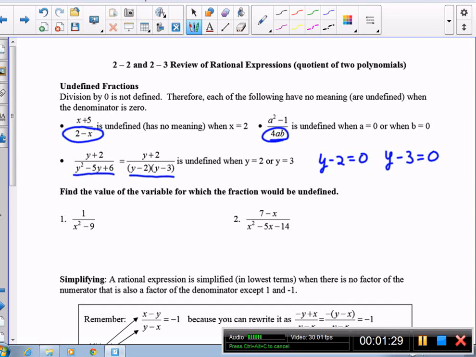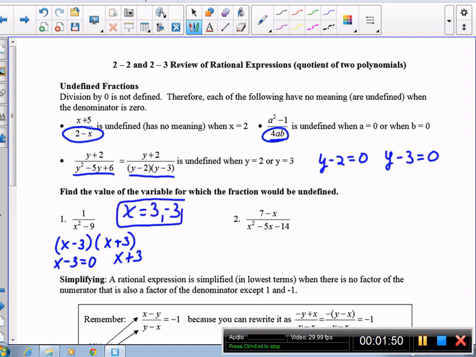So a couple examples. The first one factors 2x minus 3, the denominator, and x plus 3. So if you set each of those equal to 0, you get that this fraction is undefined when x is 3 halves or negative 3. On the second example, same thing if you factor the denominator.